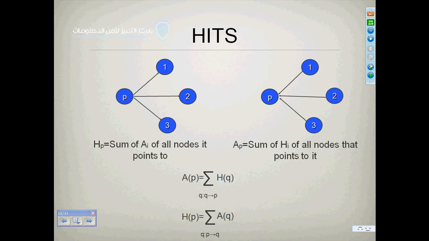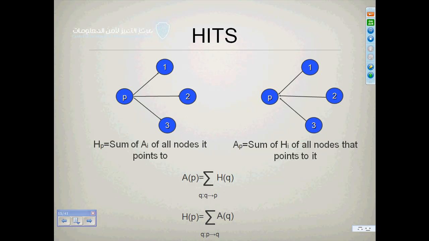With respect to this picture, you have all these incoming links, and this is a particular page we are interested in, and we are trying to compute its authority. The authority of this page depends on the importance of all the hubs pointing to it, and so it's expressed in this kind of formula.